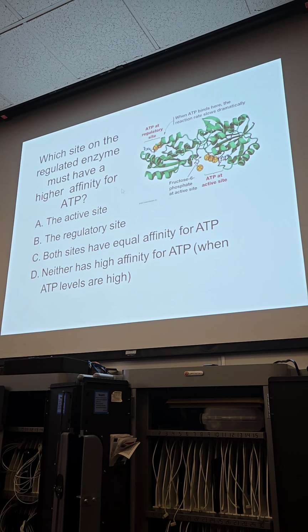Which site? I'm a regulator and I must have a higher affinity for ATP, I want to say. I'm gonna go with it.